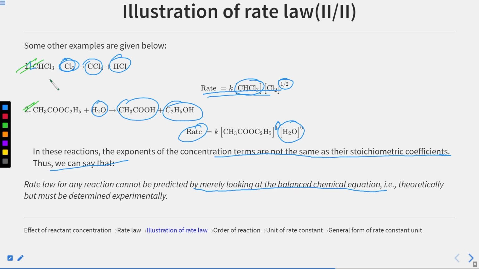So this is the final rate law. And what are the examples in which we have different power, meaning different stoichiometric coefficient and different power? The first one and the second one show this very clearly. And in some cases, like the previous one in which we reacted NO with O2, we have seen that the stoichiometric coefficient and the power in the rate law are both the same. Okay, so this is clear, right?